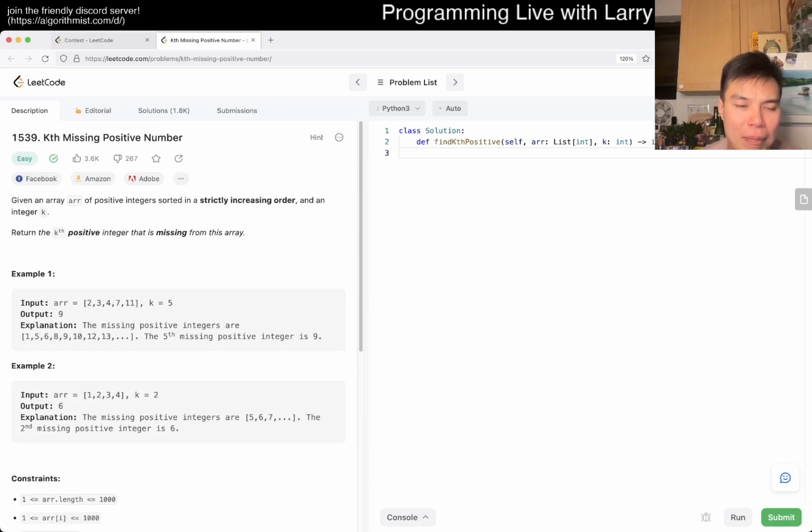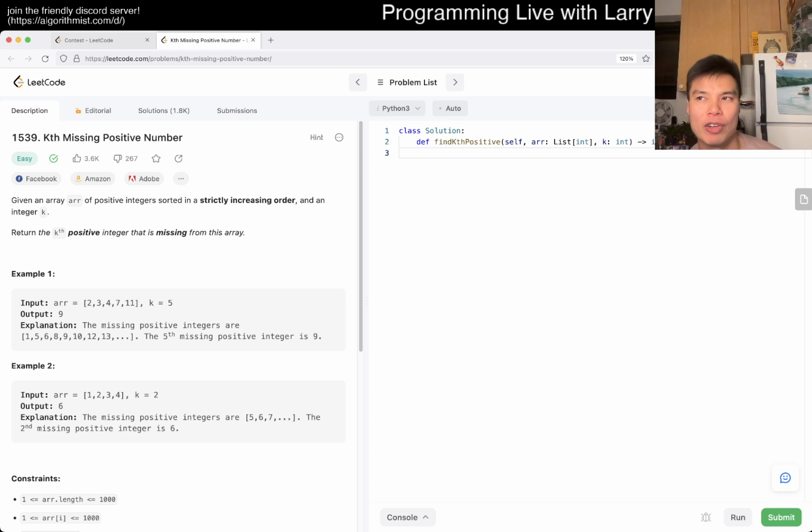Well, the idea is about binary search, right? So basically, given an array of length n, if you're given an index i and it's strictly increasing order of positive integers, then if a sub i is equal to i, then no numbers are missing, right?